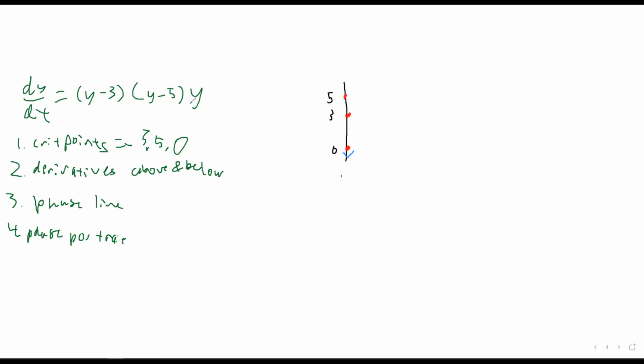So we can plug in something like 1. 1 minus 3 is negative. 1 minus 5 is negative. y is positive. Negative, negative, positive. So dy/dt, the slope, is going to be positive. It's going to increase. Does that make sense, Aaron? Do you want to try and figure out what the slope between 5 and 3 is?